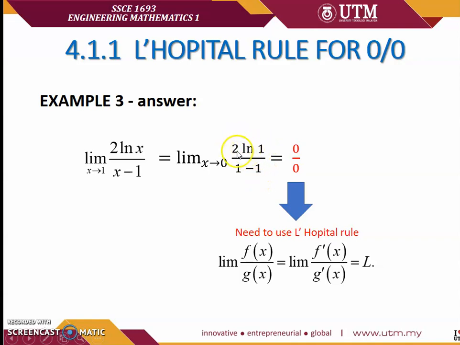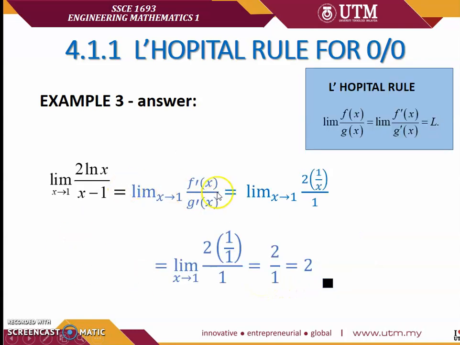If we use our calculator, 2 ln 1 is 0, and 1 minus 1 is also 0. So in this case, we cannot determine the exact value, 0 over 0. Therefore, we need to use L'Hopital's rule, which means we find the differentiation of f and also the differentiation of g.